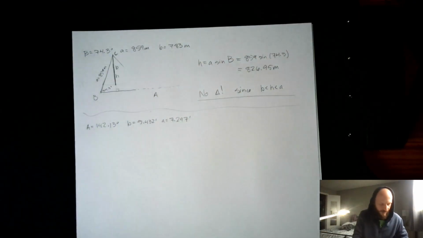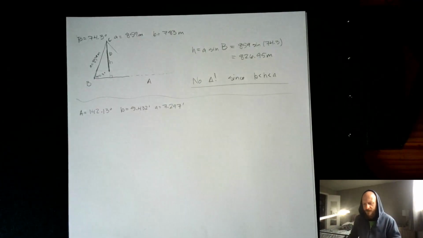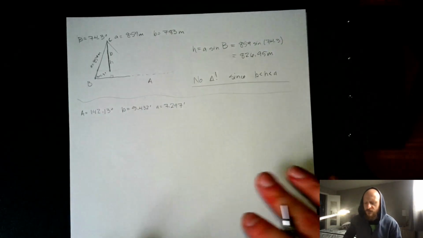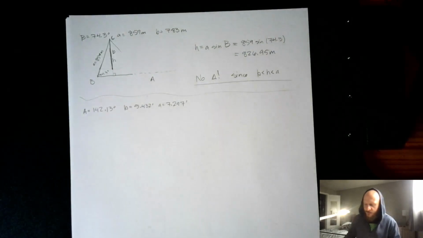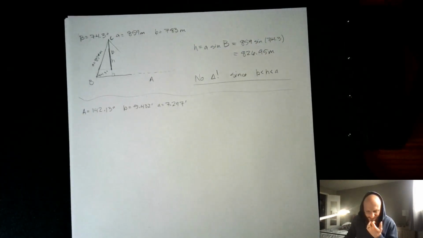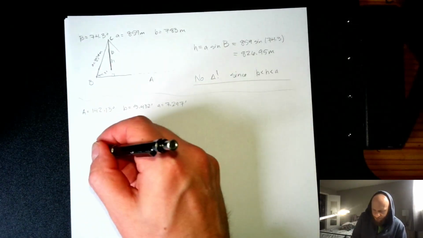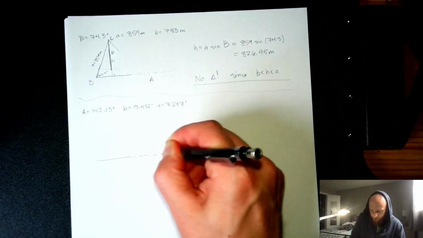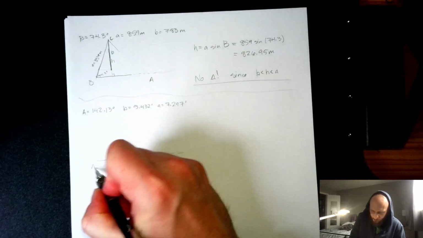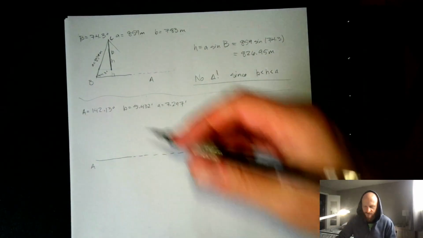I'm doing this on the fly, by the way. I don't have the solution sitting in front of me. It's totally possible that I'm making mistakes. If I have made a mistake and you notice it, leave a comment. Let me know. We can help other people out so that nobody's getting any bad information. All right, side angle once again. So here's angle A. Oh, this time angle A is obtuse. Fun. Isn't that cool?